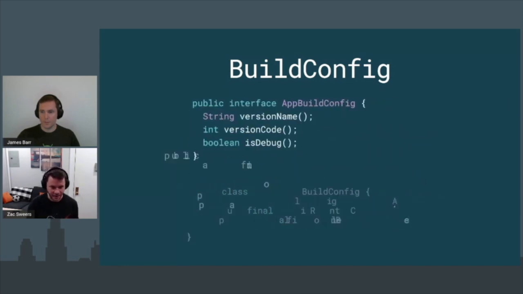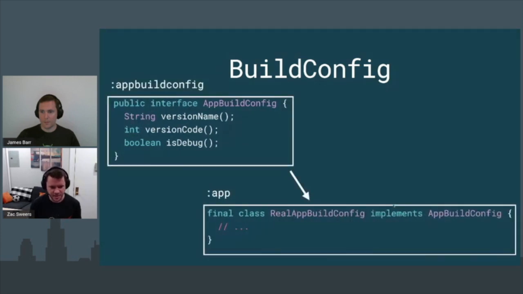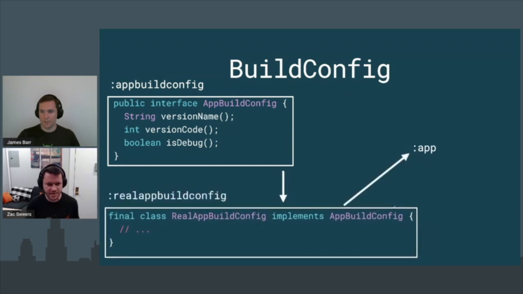Now you've got an API interface, you can stick that into its own project, and your app can basically just implement this, back it with your build config constants under the hood, and pass this down to anyone that needs build config information. Better yet, do you really even need this in the app module? How often does this build config change? Instead, what you could do is take it, stick it in an implementation class, do the restitching, and we've got the same sort of compilation avoidance that we had before.